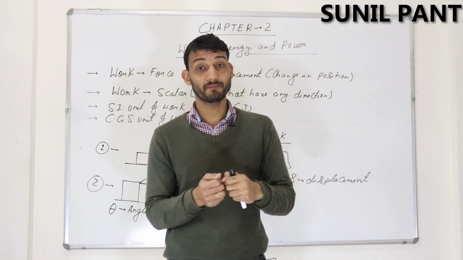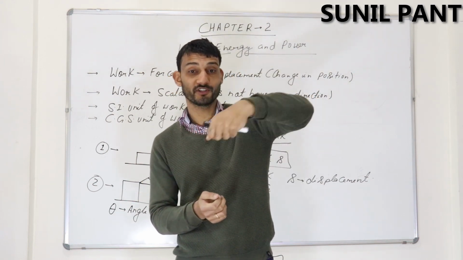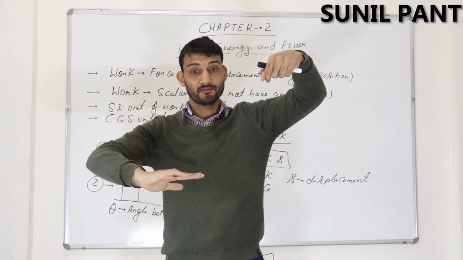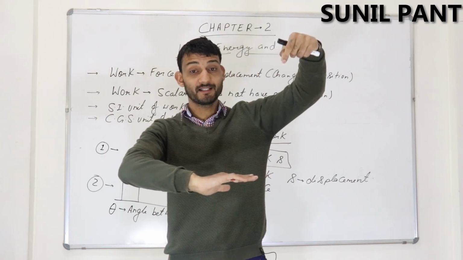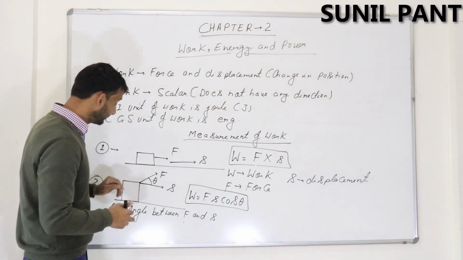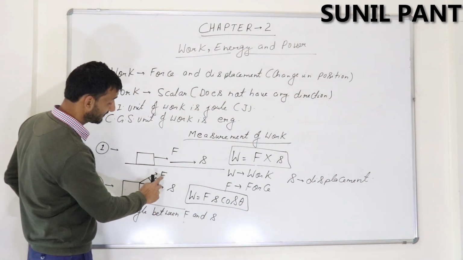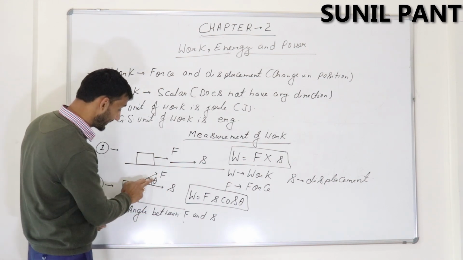The car is tied with a thread and the child is applying a force in this direction and the car is doing displacement in this direction. So there is an angle created between force and displacement, and that angle is theta.